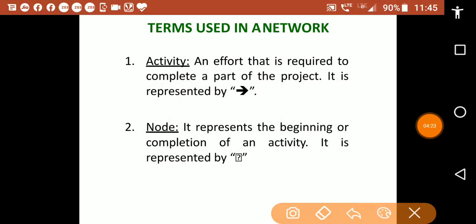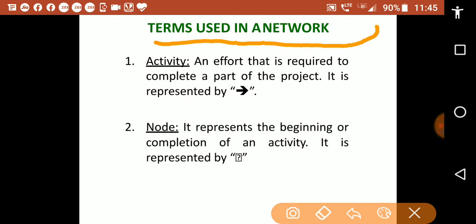There are some important terms used in a network. First is activity. What is activity? It is the effort that is required to complete a part of the project, and it is represented by this arrow.